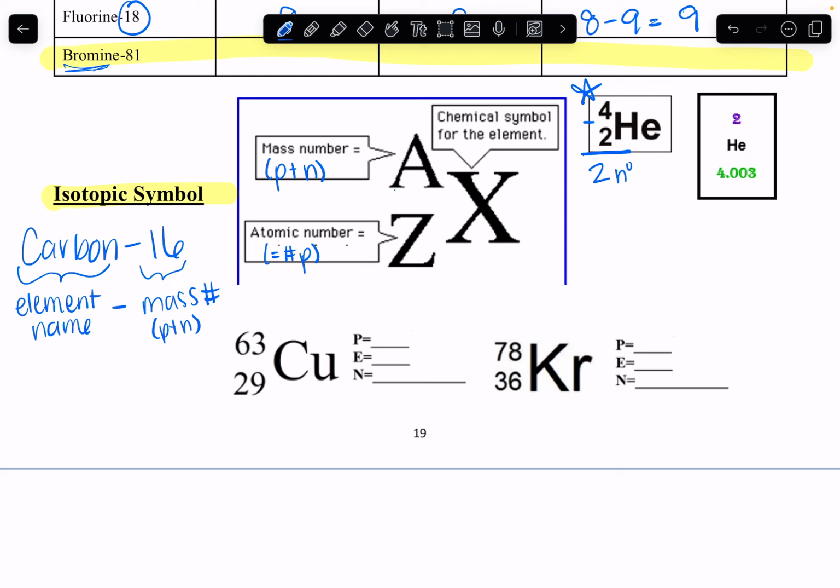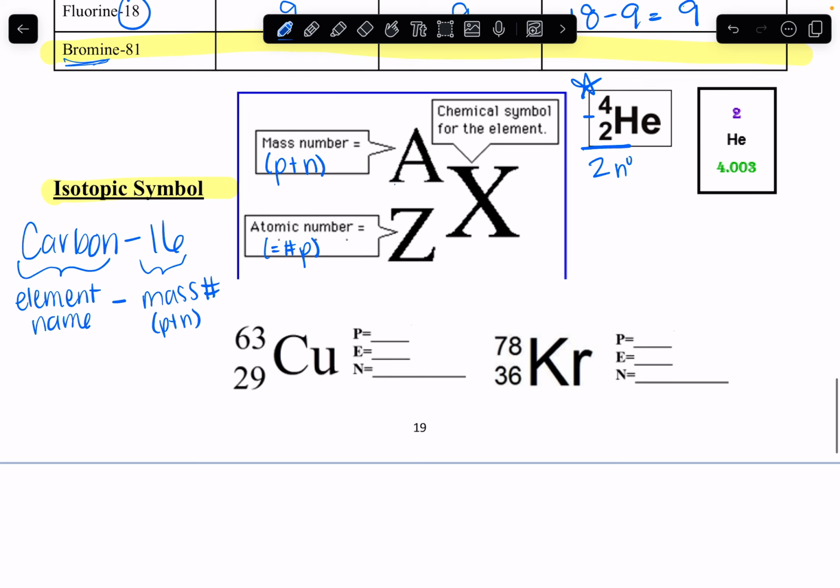Okay, let's look at these two down here. I have copper and krypton. Copper has 29 protons because that bottom number is my atomic number and number of protons. Remember, protons are equal to the number of electrons, so I have 29 electrons.